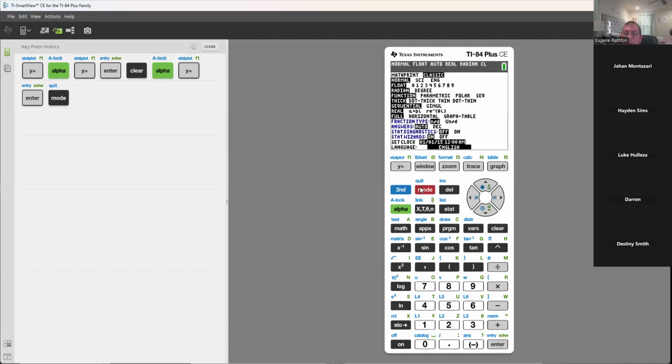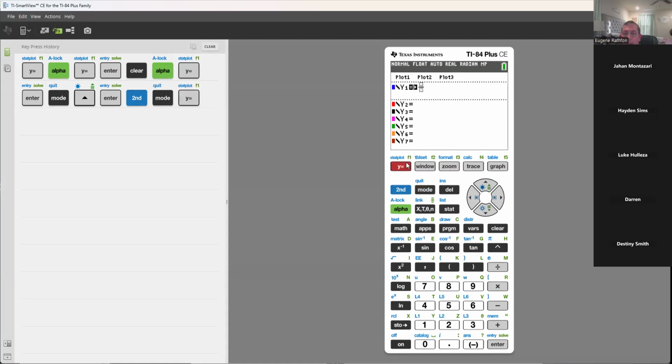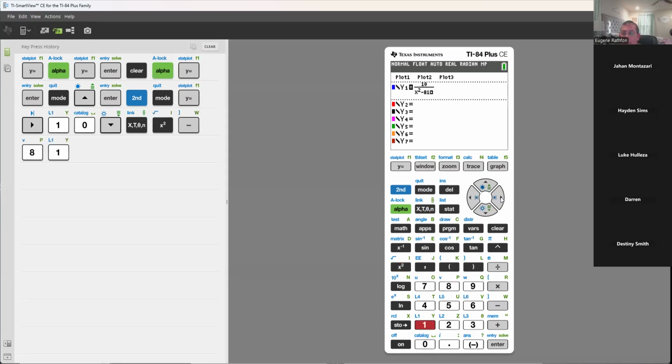Let me fix my mode. All right, now it's got my fraction looking correct. So I had a 10 on top. On bottom, I had x squared minus 81. See, all that looks like it. So I'm going to hit graph and show you what this looks like.